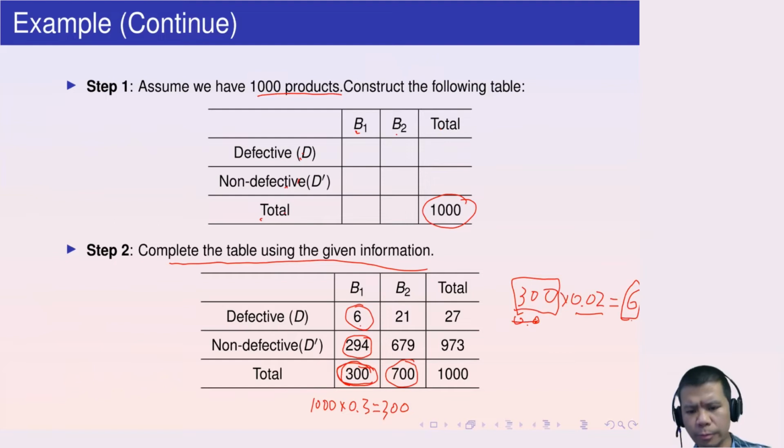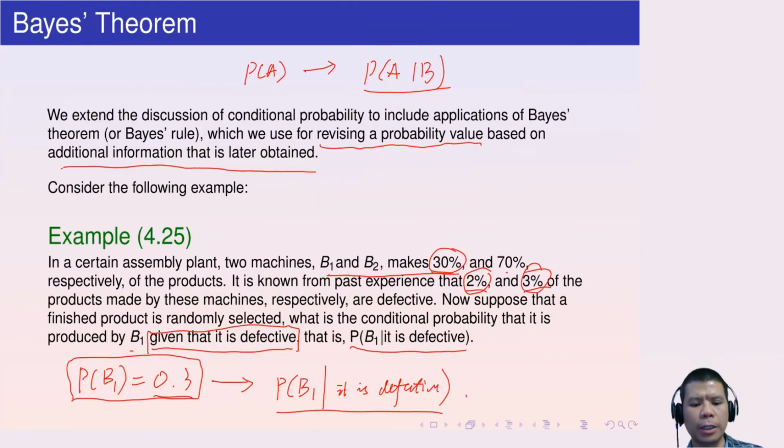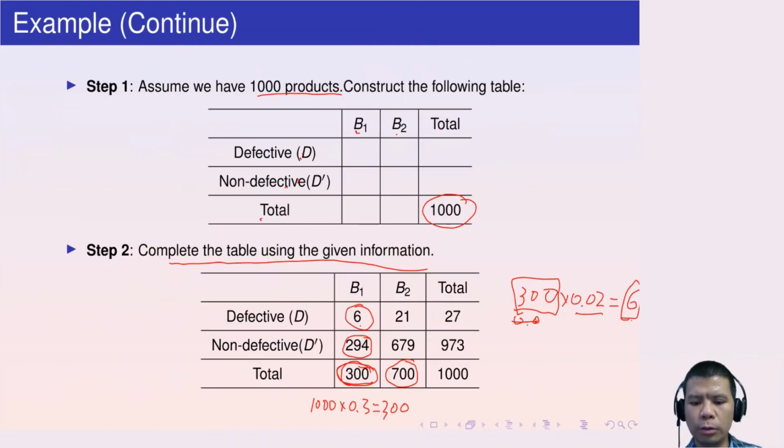Similarly, we can get the information for B2. We know that 3% of the products made by B2 are defective. So in total, that's 700 times 0.03, which is 21.